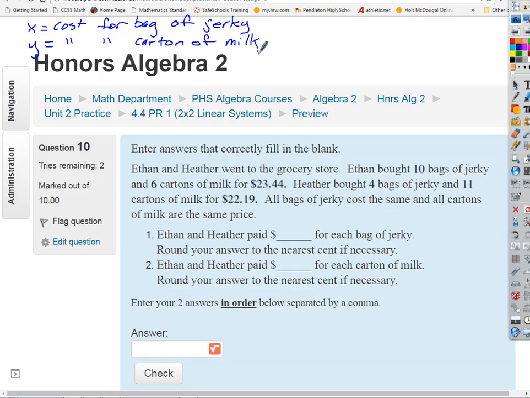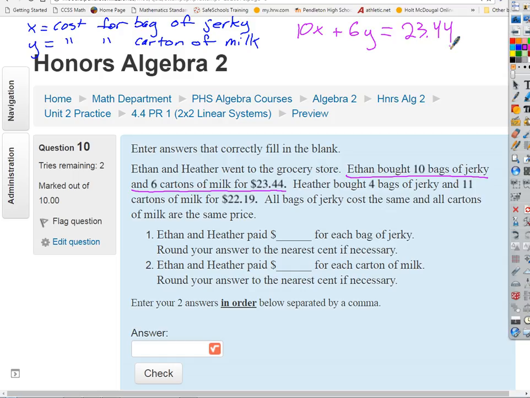Well, if Ethan buys 10 bags of jerky and 6 cartons of milk for $23.44, then what's that work out to be? We get 10 times the cost of a bag of jerky, which is X, plus 6 times the cost of a carton of milk, which is Y, equals the total of 23.44.